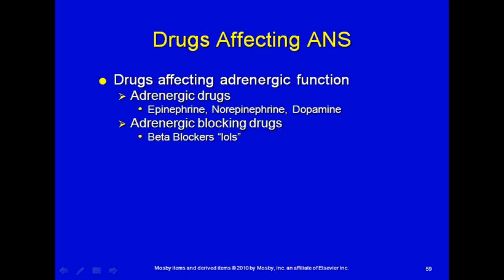So to not have the heart rate increase, we can give beta blockers, or if a patient has a history of tachycardia and they can't slow their heart rate down themselves and keep it at a good level, if they're constantly running in the hundreds, well, then they'll take beta blockers. And beta blockers are drugs that end in LOL. So metoprolol, propranolol. So your LOL drugs are beta blockers, and they're used to slow the heart rate down.